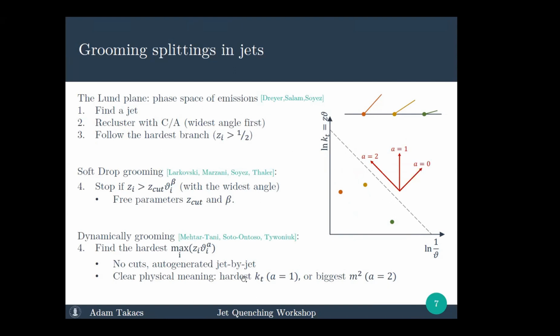For example, one can ask which one has the hardest kT, like this a = 1, and then you will be more sensitive to the things towards the top of the Lund plane, for example, this yellow point. You can also ask which one has the biggest mass, for example, if you want to tag heavy objects inside your jet, or you would like to tag short objects inside the medium, which have the shortest formation time, then you will go rather to this red point in that direction of the phase space.